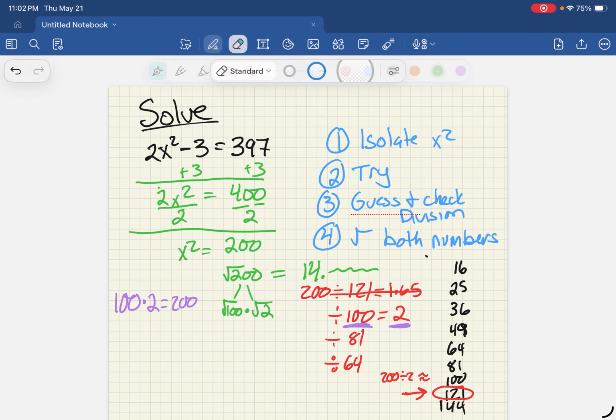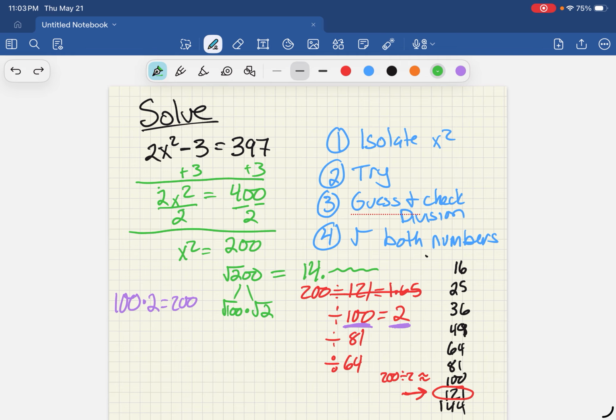I do not want you to fall into the trap of, let's say you go, oh, hey, this is 2 times 100, and you just assume that this is going to reduce into 2 square roots of 100. The order in which we write these does not matter. So to make this work, we're going to square root both numbers.